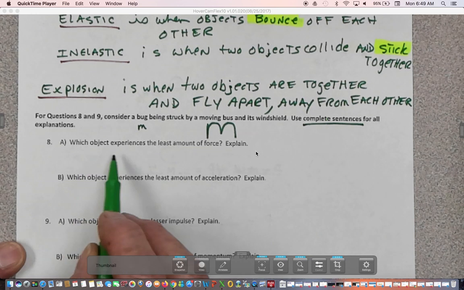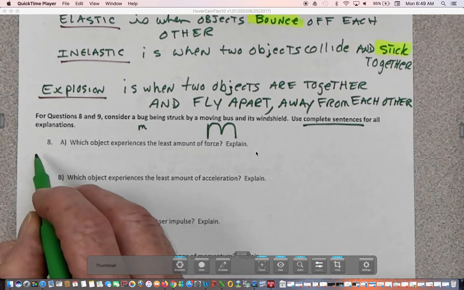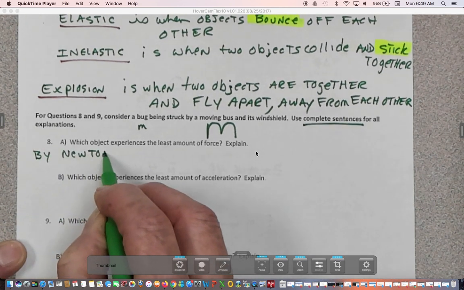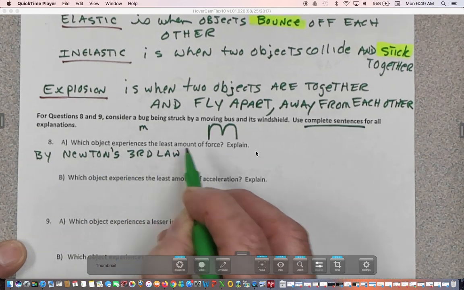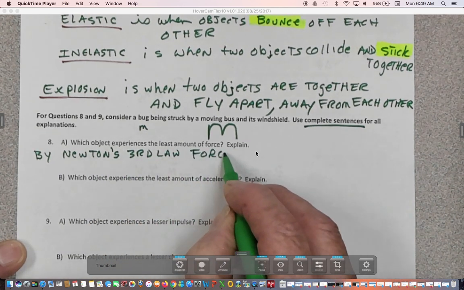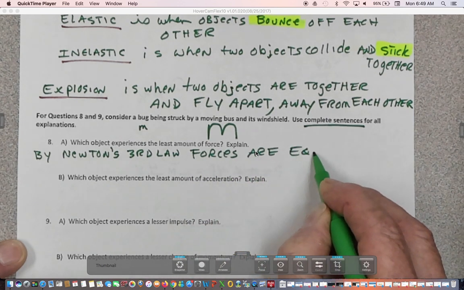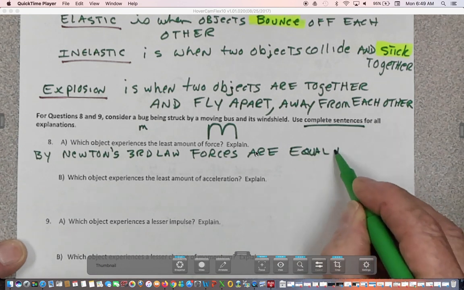Well, which experienced the least amount of force? Remember, by Newton's third law, the forces are equal and opposite.